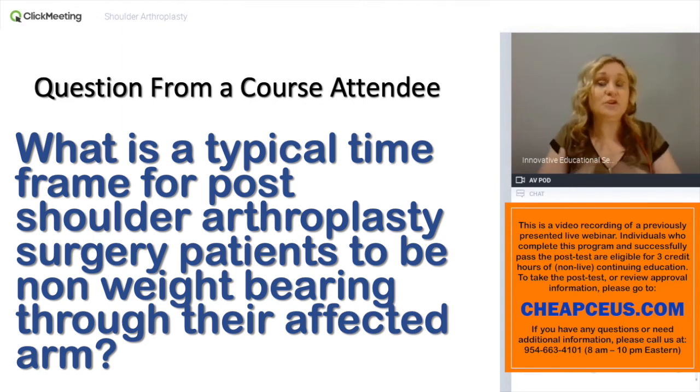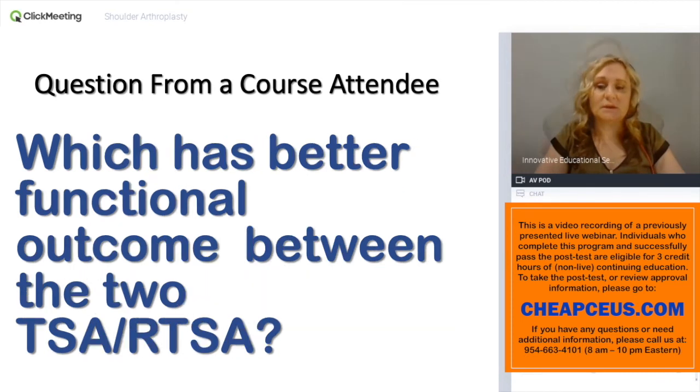And it could be 2 months or longer that the physician is not allowing any weight bearing through that upper extremity because of that lack of rotator cuff. We don't have that control of the humeral head and that superior translation and compressive forces. So there needs to be time for the prosthetic component to heal. So that'll really vary based on the physician protocol, but we tend to see it be longer in reverse patients where they're not allowing weight bearing versus total shoulder arthroplasty.